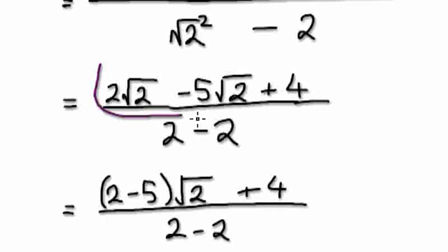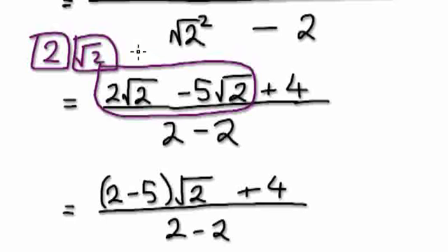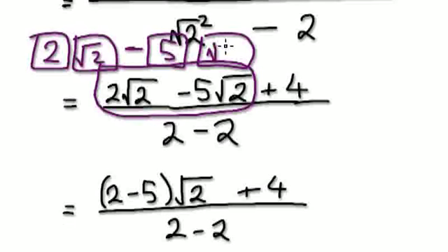Here, this bit here, you can imagine this as being 2 times root 2, and then you take away 5 times root 2. Root 2, well, you can factor out the root 2.